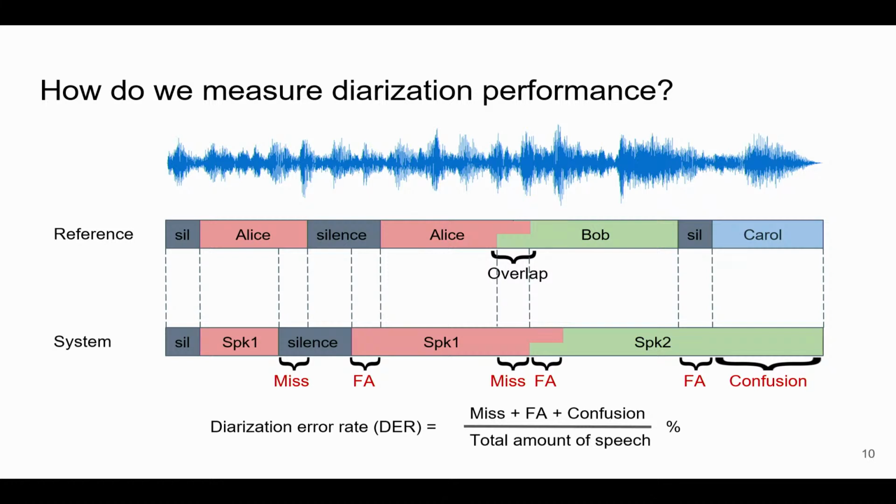But we need to know who is speaker 1 between Alice, Bob, and Carol, and who is speaker 2. So the way this is done is you consider the different mappings. So speaker 1 can be Alice, or Bob, or Carol, and then you have all the other speakers being assigned to the other identities. So you have many different mappings. Out of all those, there will be one with the lowest error.